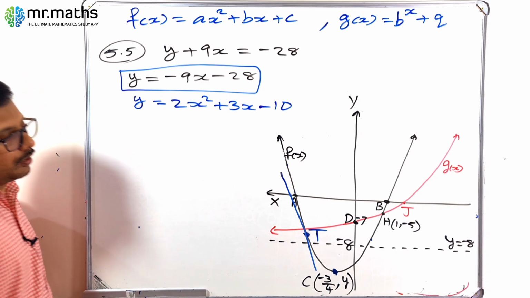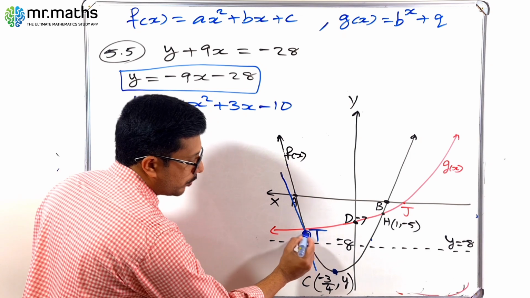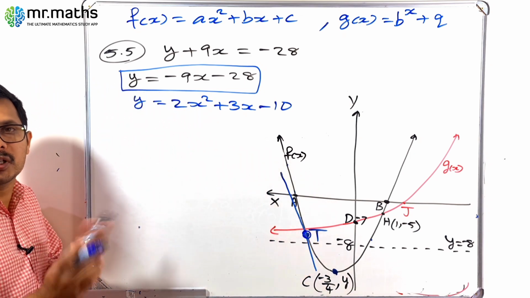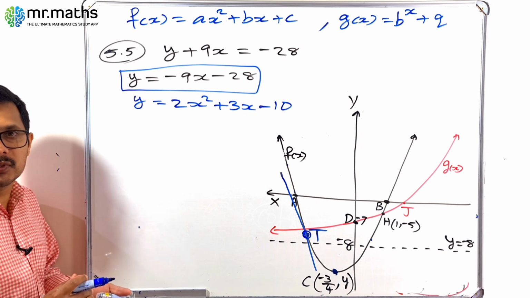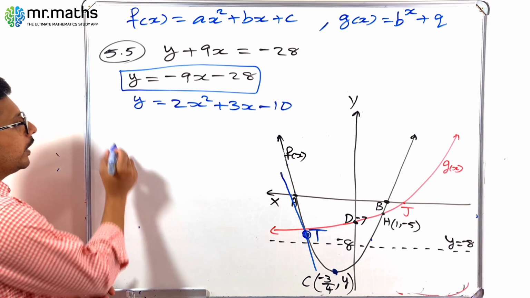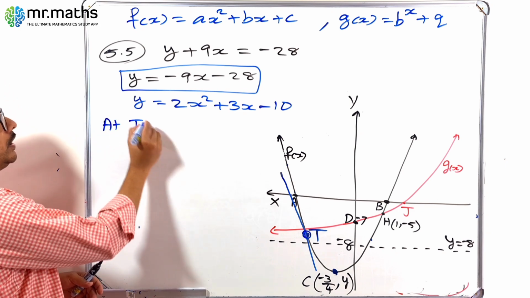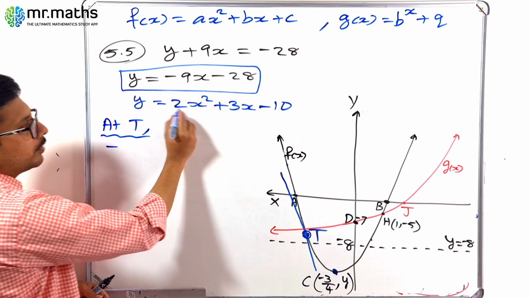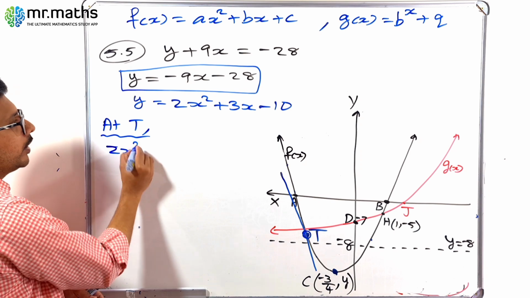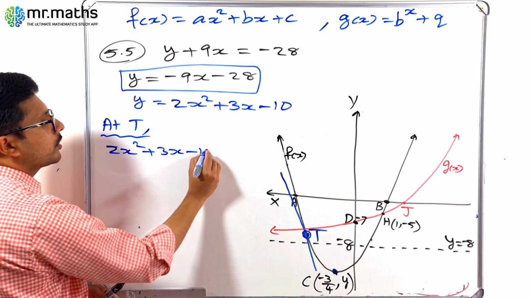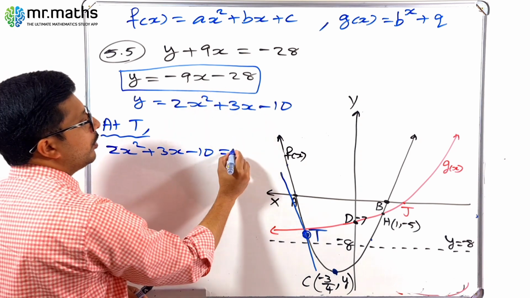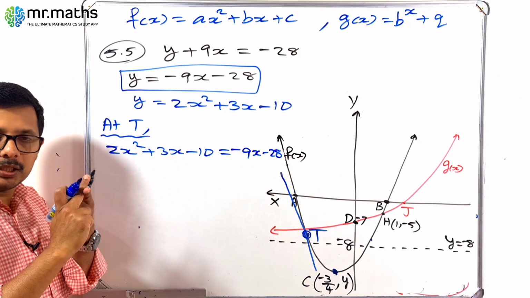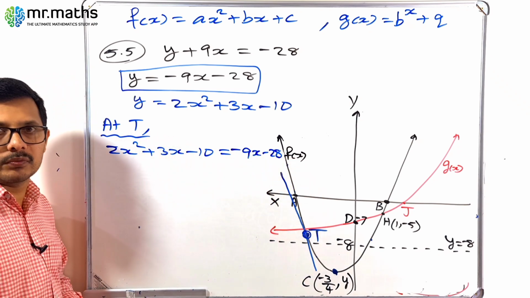Okay, so now how can you find the coordinates of this point T? At point T, both the functions are equal, or both the graphs are equal. So at the point T, 2x square plus 3x minus 10 is equal to minus 9x minus 28, because that's an intersecting point, and at that point both the graphs are equal.